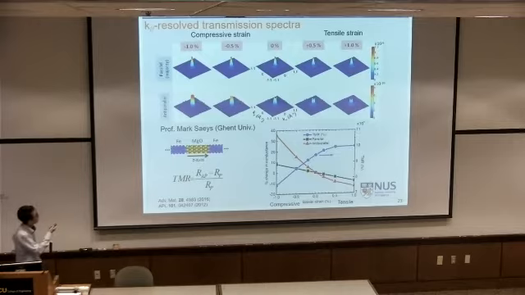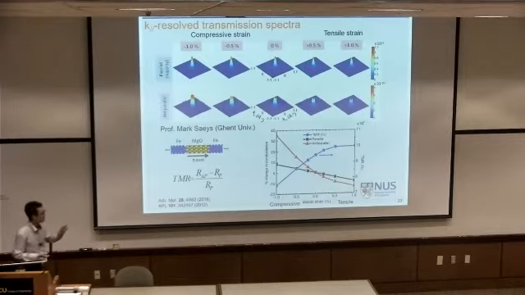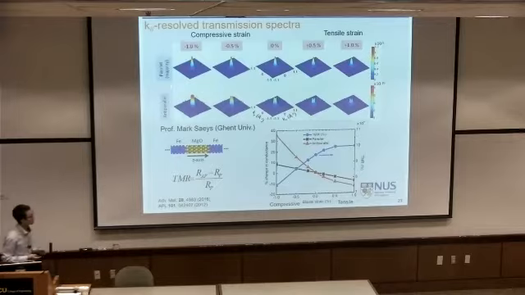But if you now make an anti-parallel alignment, so you flip one of the magnetic electrodes, and then we apply different types of stress, you can see from the initial configuration, once we give a tensile stress, the transmission probability decreases. So if we have less transmission, basically the resistance of anti-parallel will increase. Then your TMR will increase eventually. So in the case of tensile strain, we will increase TMR, but in the case of compressive strain, we will decrease the TMR.